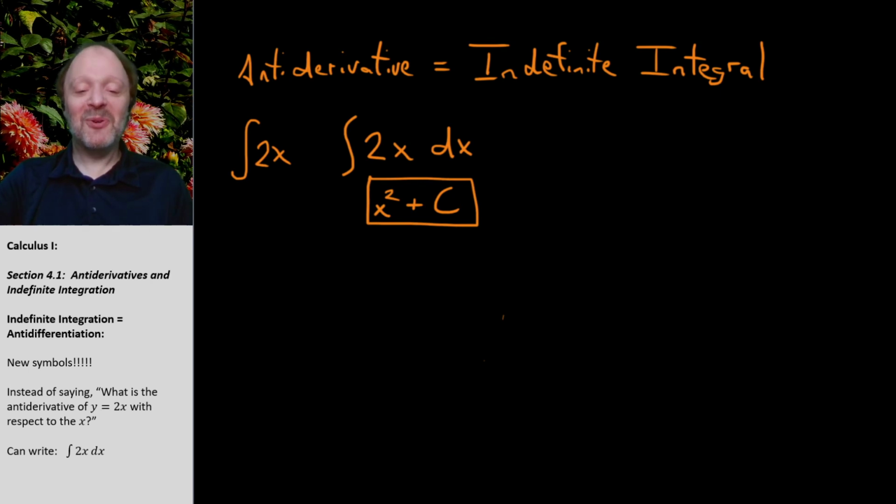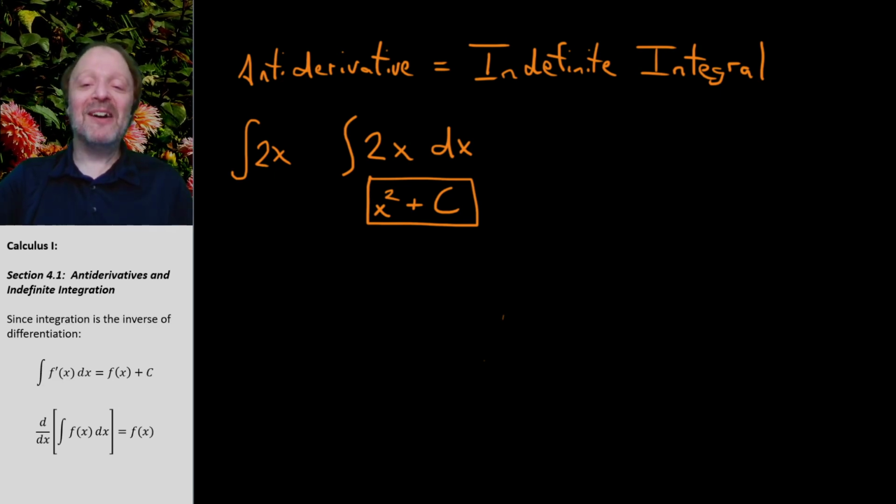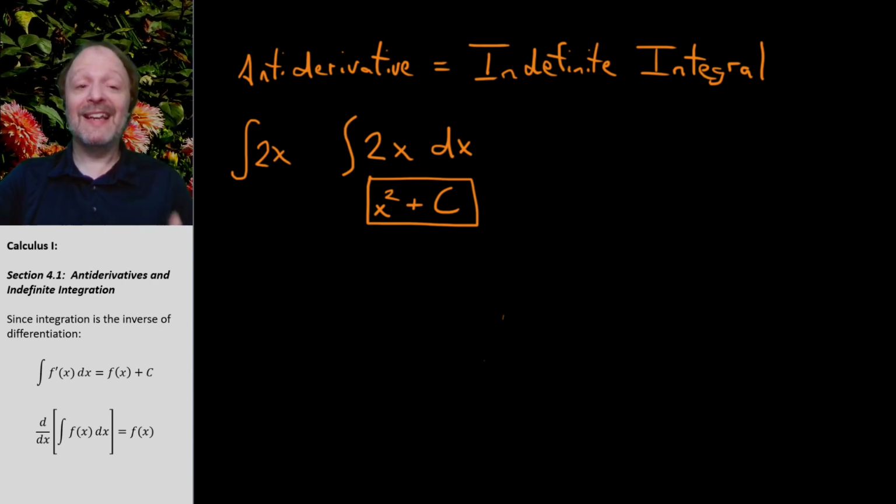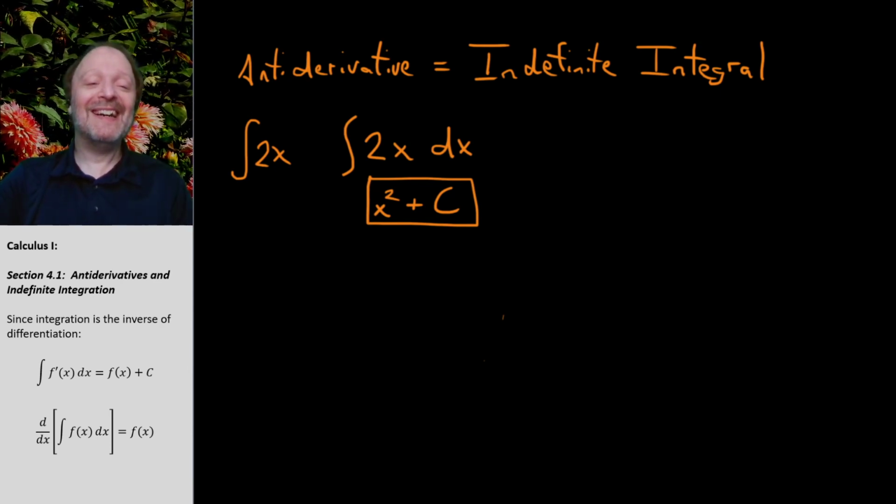But wait, there's more. This section is chock full of stuff. This stuff right here is kind of obvious when you really think about it. If the integral, if the integration, if you will, is the inverse of differentiation, then they should wipe each other out, right?